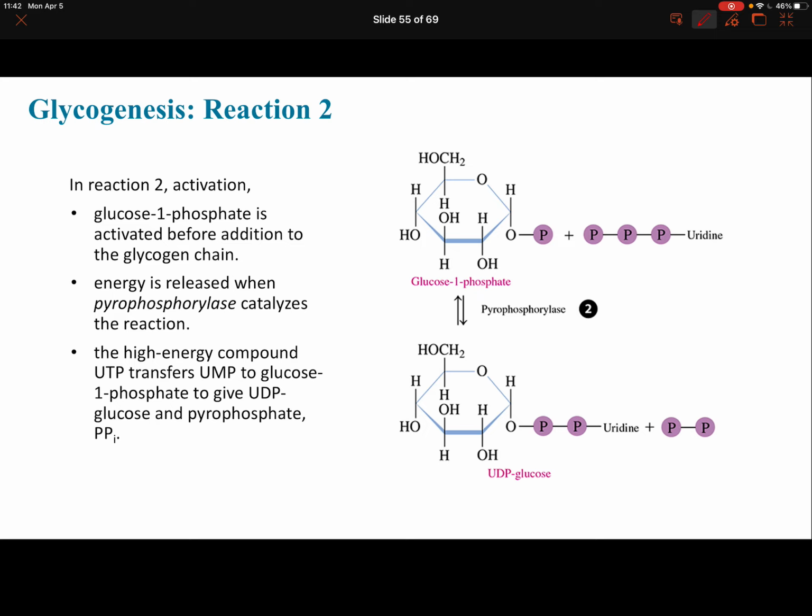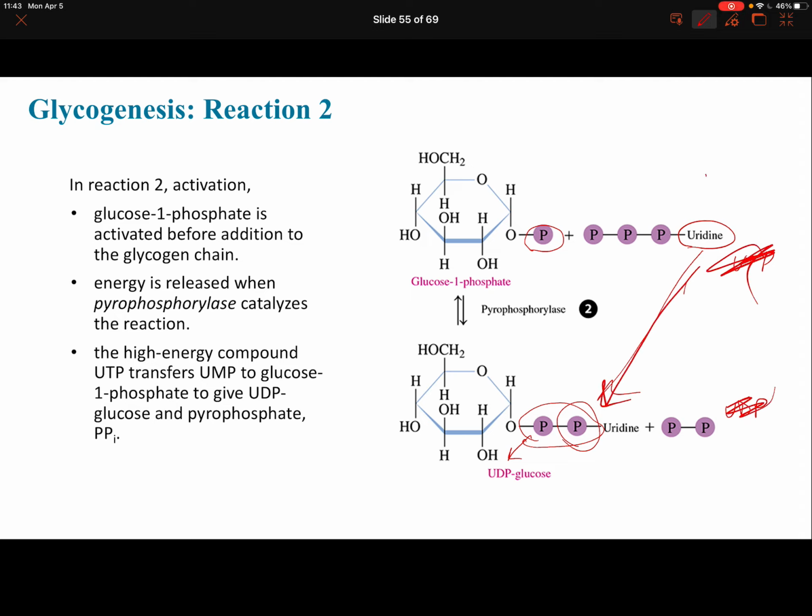Reaction 2, we get glucose 1-phosphate being activated by the UTP. So you can see here it's been activated by an additional group. The UTP became UDP, but, oh, my bad, the uridine actually stays on here. So we didn't do that.